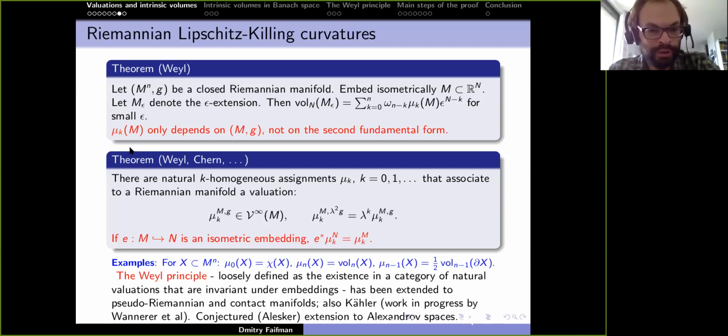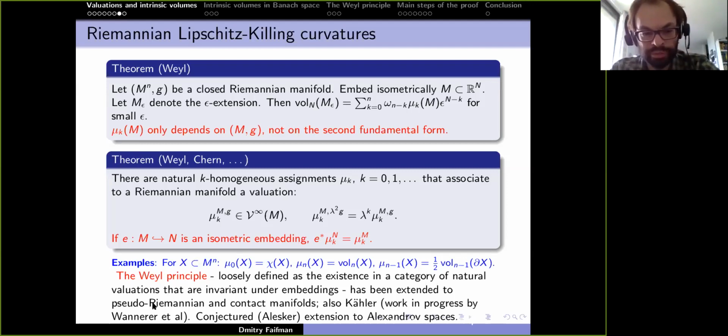Okay, so the Weil principle is basically when something like this happens, when you have some structures on manifolds, and you can assign a valuation to the structure, and it is respected by isometric embedding. So this phenomenon has been observed in some settings to date.